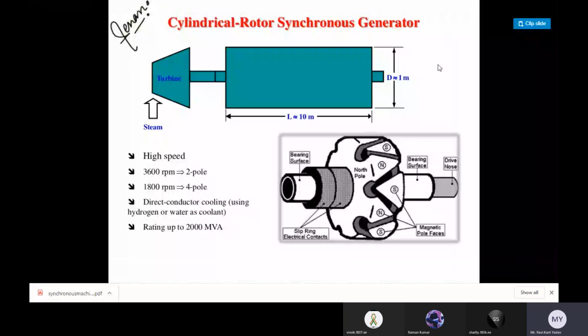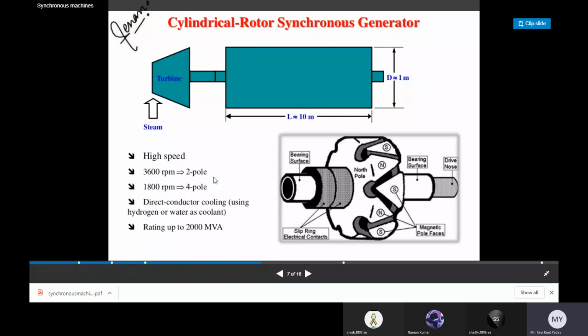If we are talking about a steam power plant, then the diameter of the rotor is around 1 meter and the length is around 10 meters. We suppose how big the rotor of an alternator is, which produces larger power. And if we are talking about the speed of the cylindrical rotor synchronous generator, earlier I told you that a two-pole machine operates at 3600 rpm and a four-pole machine operates at 1800 rpm, with direct conductor cooling.